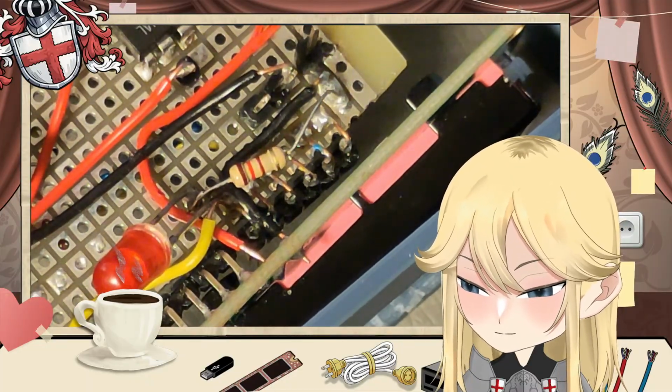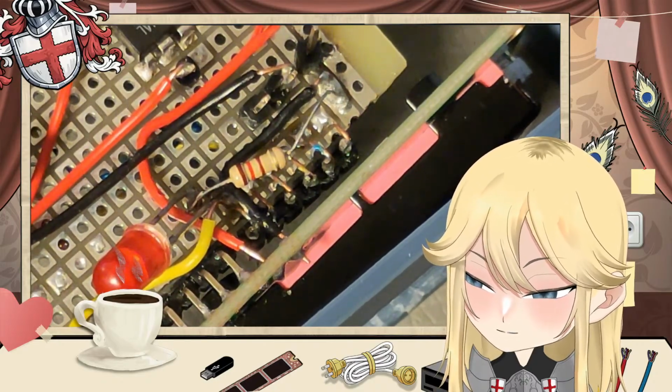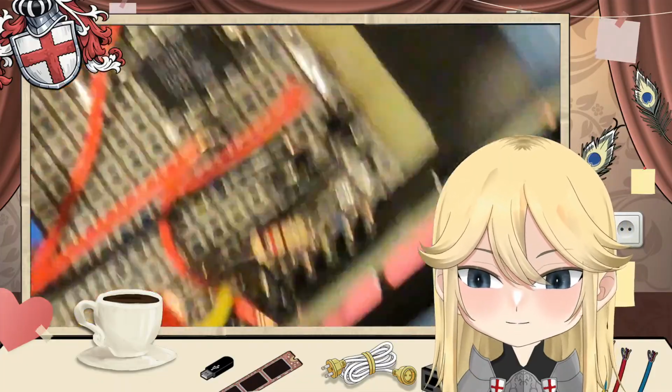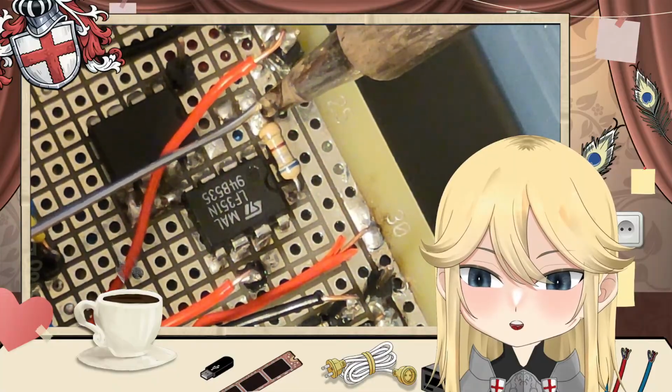Where's my tin? There we go. Camera, please. Okay, I need to connect these two things.